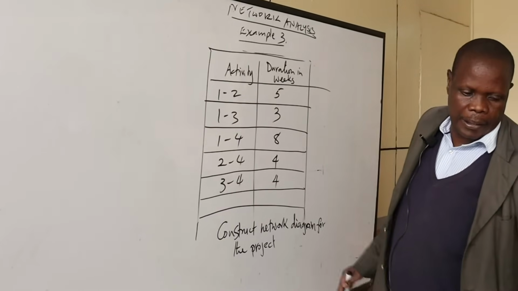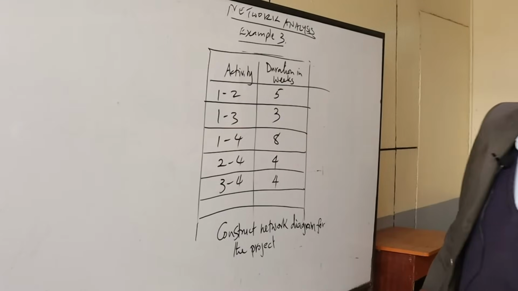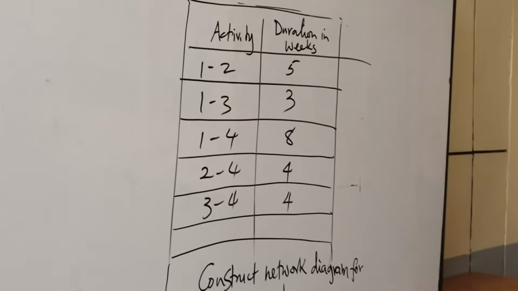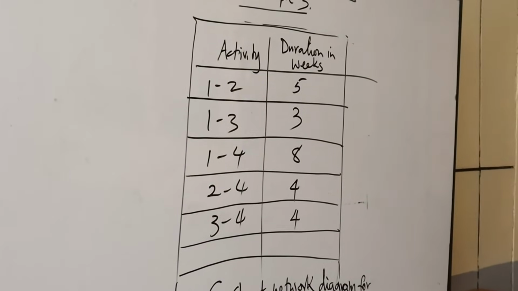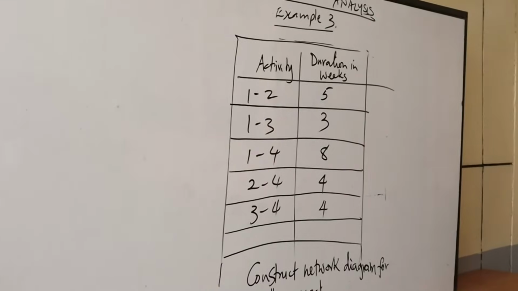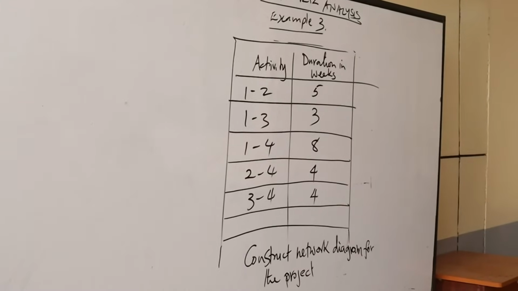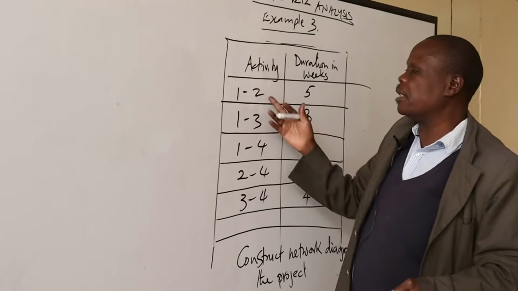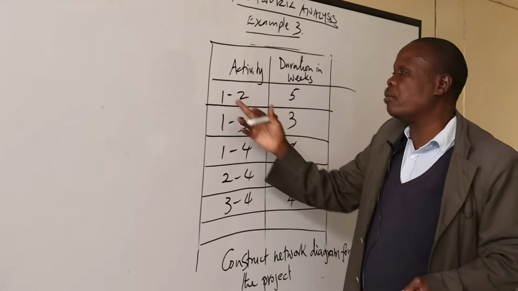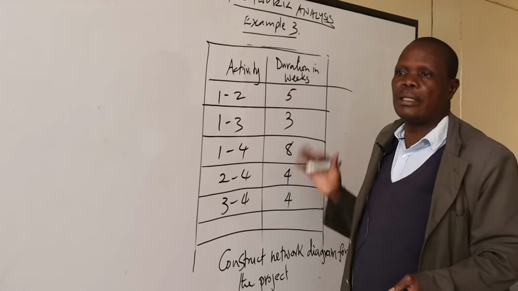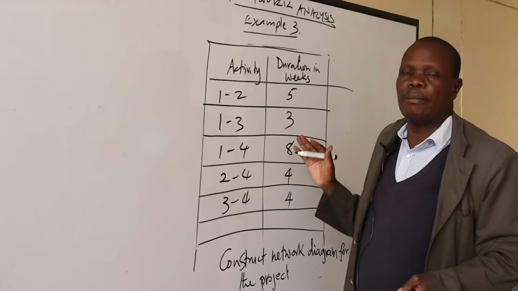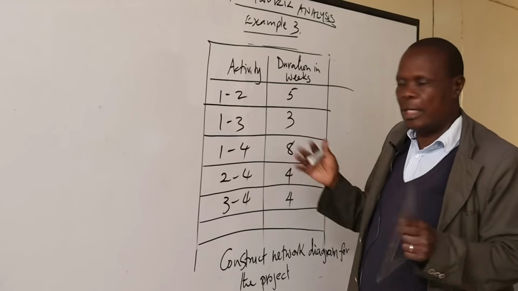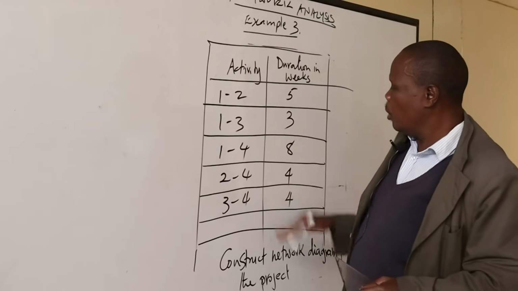This has got a small difference from the first 2 examples which we have constructed. For this example, the activities are represented by numbers. You can see 1 to 2. The other examples were represented by capital letters, that is A, B, C, D, and so on.